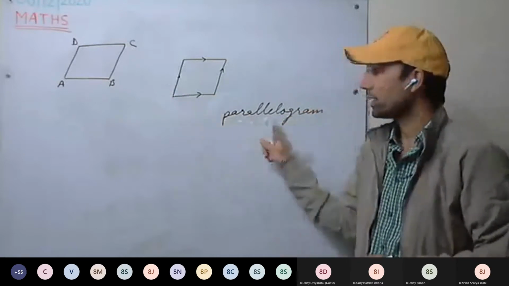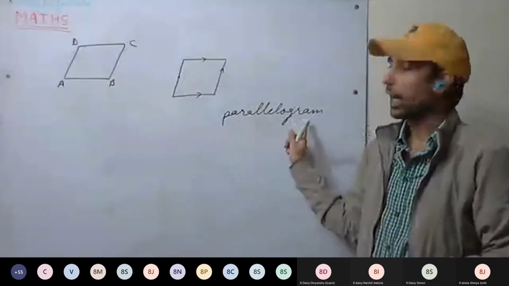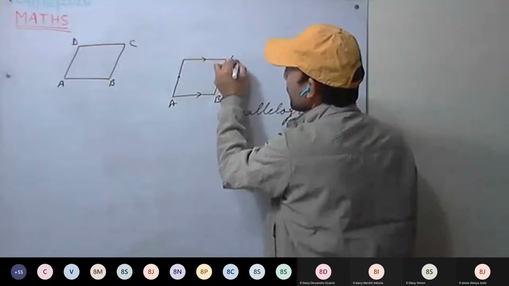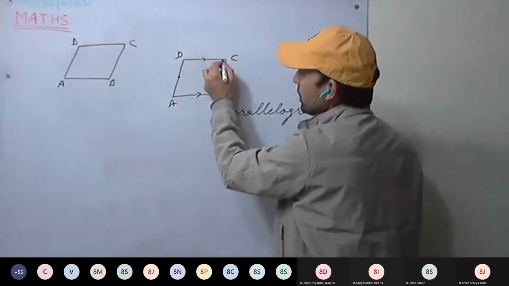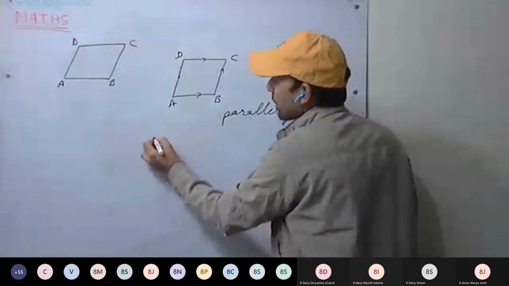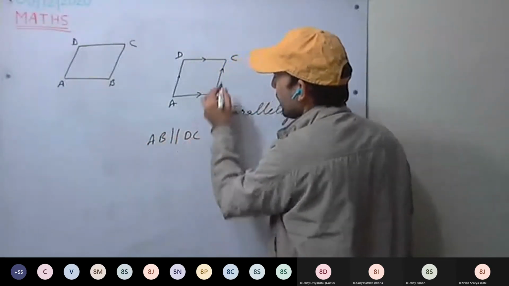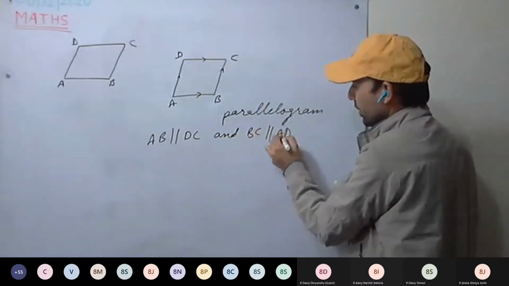This quadrilateral will be called a parallelogram if opposite sides are parallel. Now, if opposite sides are parallel, AB will be equal to DC. So first thing, AB parallel to DC and BC parallel to AD.